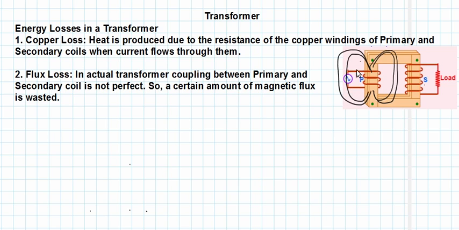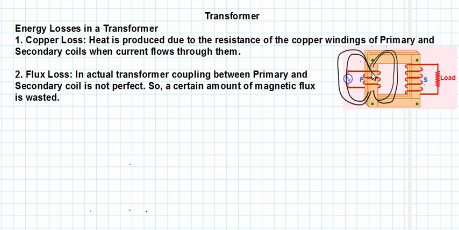So because of this alternating current from the source, there will be a magnetic flux produced in the primary, and it is this magnetic flux which is linked to the secondary coil, right? So this changing flux is linked to the secondary coil, and it is this changing flux that produces current in the secondary coil. But the point is, there will be some flux in the backward direction also, right?